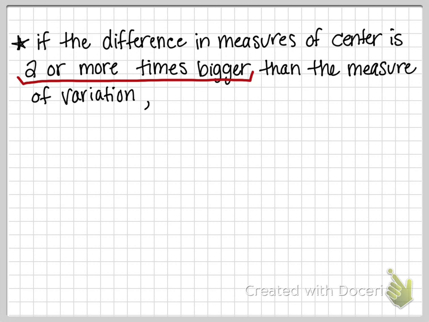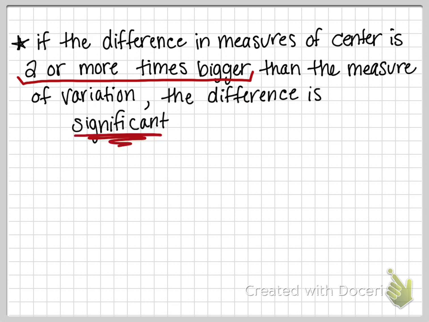What this means is that it gives us a measurement to determine whether something is significant, like statistically significant. So in the last example, because that difference was only 1.6 times bigger, it has to be at least 2 times bigger for the difference to be significant, to have statistical significance.